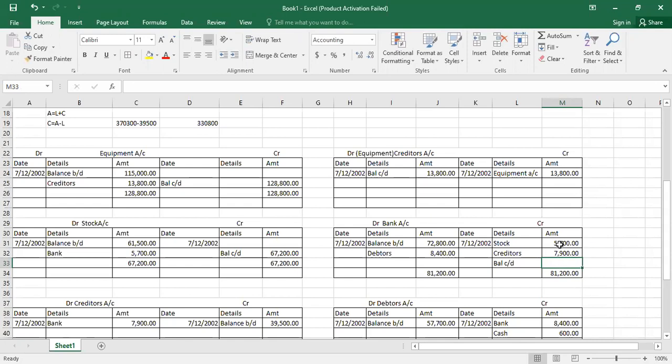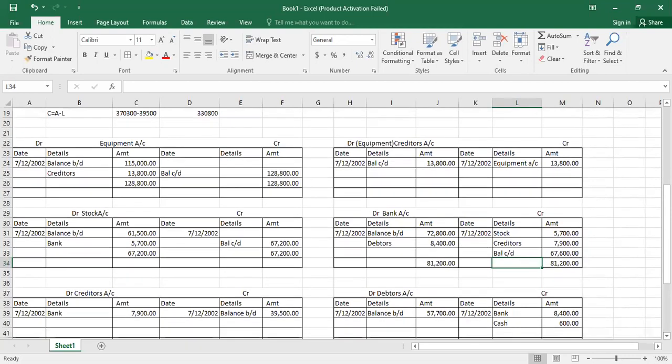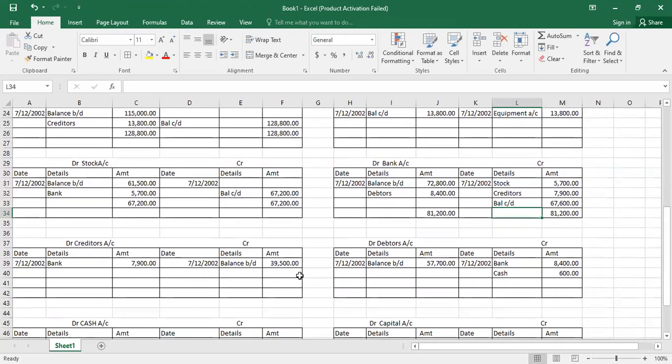Let me see the totals here. I can just use the formula because I'm using Excel. Minus this, minus this. I think the balance is 67,600. Wonderful, 67,600. Yeah, we go on.